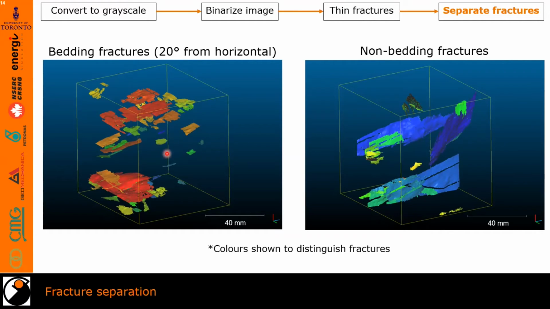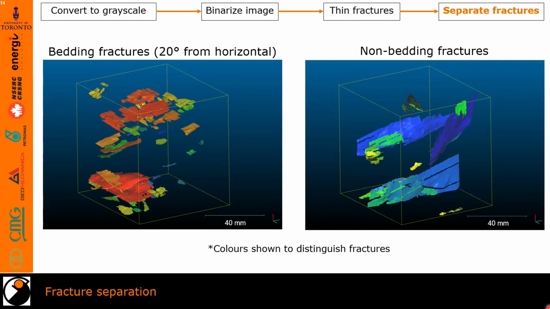And the non-bedding fractures, as May had mentioned, were also noticeably rougher, which I'll talk more about quantifying later. There are still some fractures that remain unseparated due to some remaining pixels and undetected fracture intersections. But in the future, we'll be using the results that May had been achieving with the fracture separation.